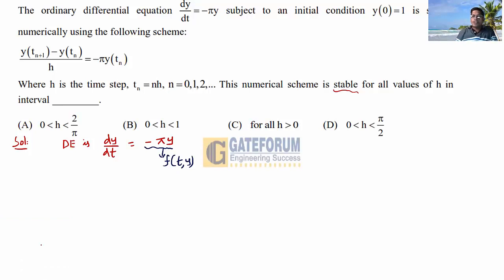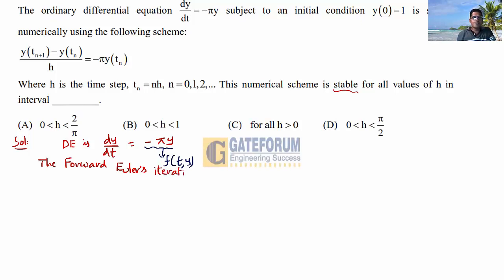So usually stability analysis is given by Euler's, that is, the forward Euler's formula. The forward Euler's numerical scheme is an iterative scheme.